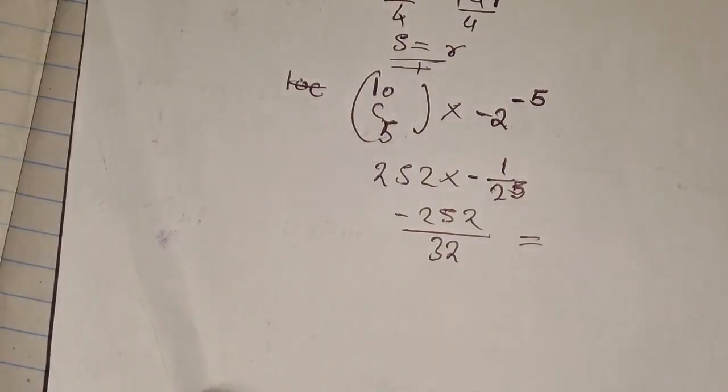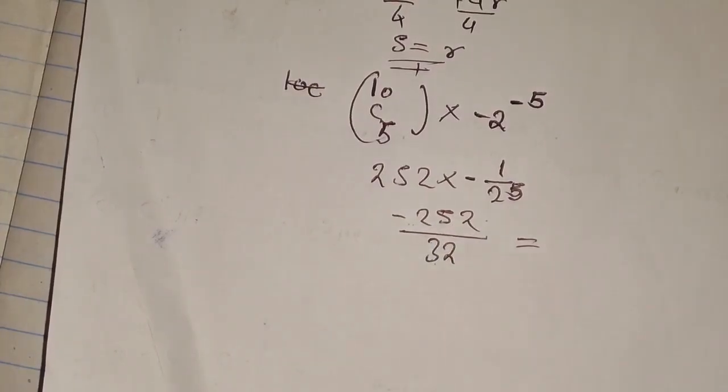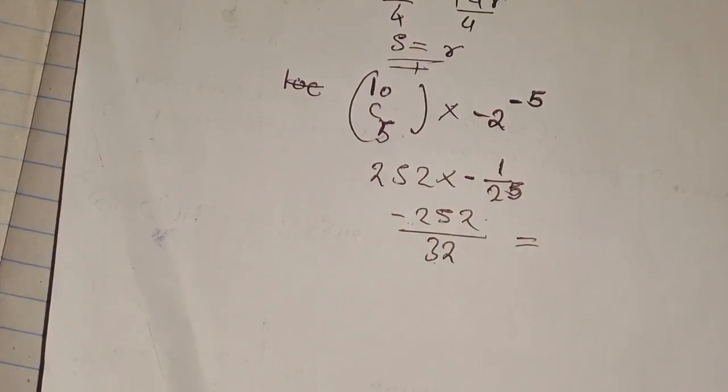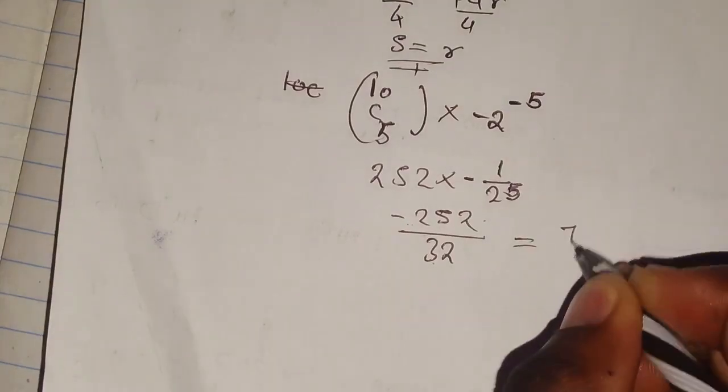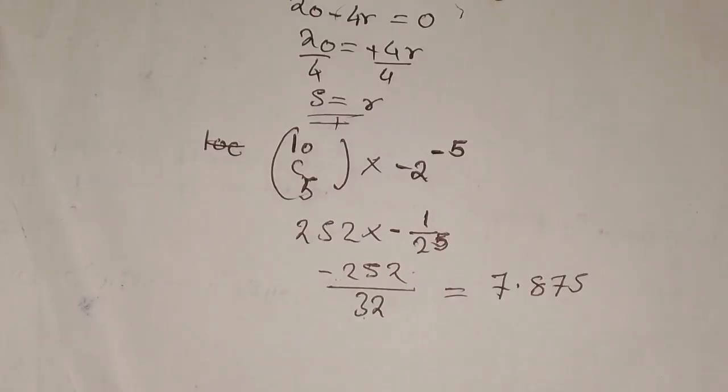Then you just divide 252 by 32, and this will give you 7.875. So this is the term independent of x.